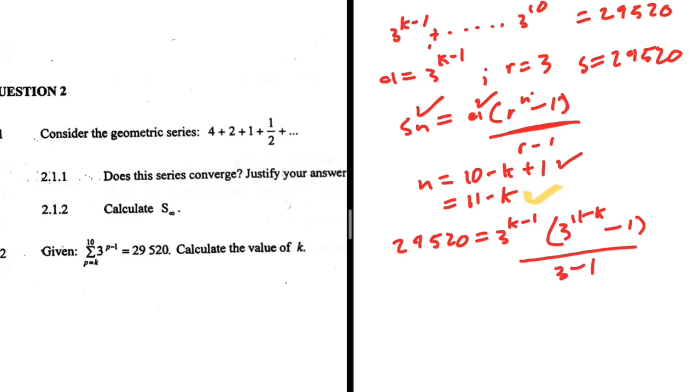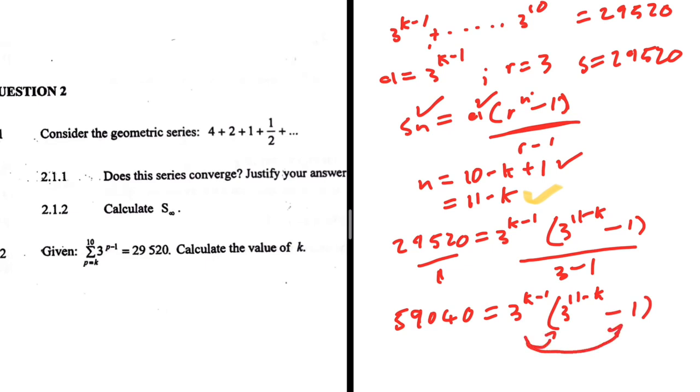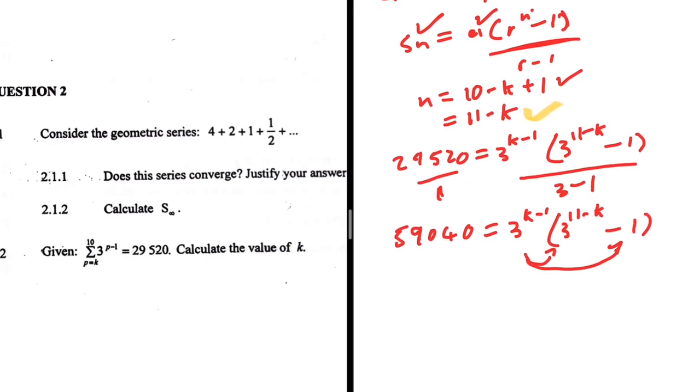If we cross multiply, we have 29,520 multiplied by 2, so this is 59,040 being equal to 3^(k minus 1) multiplied by 3^(11 minus k) minus 1. So let's multiply these, not by k, but by 3 to the power k minus 1.